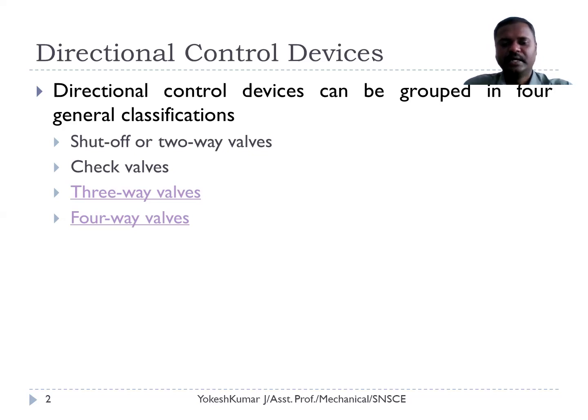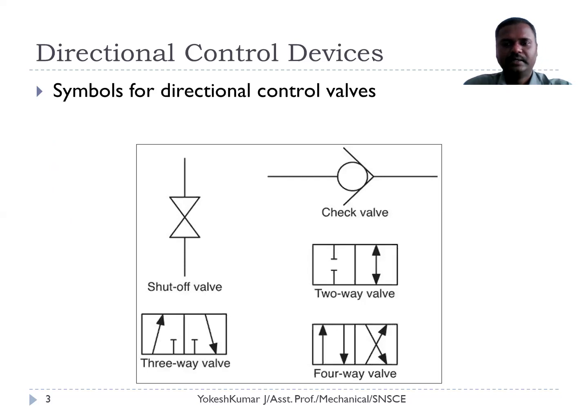So let us have a discussion on the symbols of the valves. Here I have shown the symbols of the valves which we already categorized. The first valve is called a shut-off valve, and this is the symbol for the shut-off valve. As I already told you, this valve is also called a two-way valve.